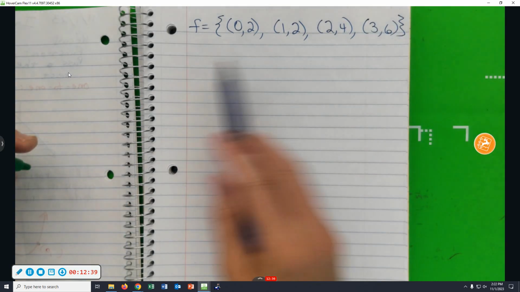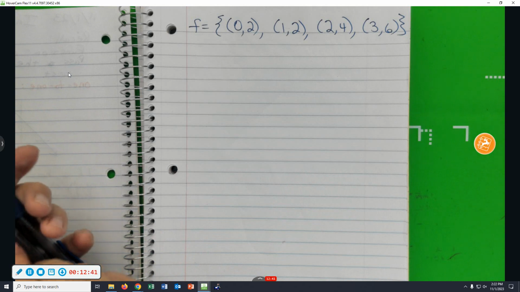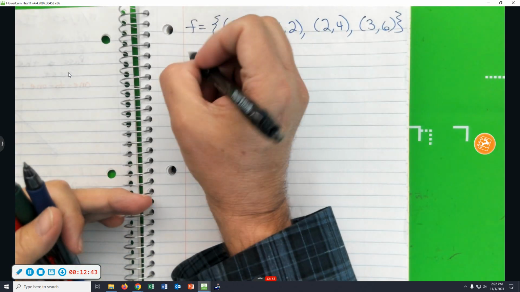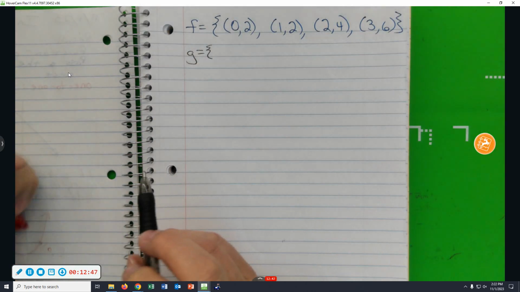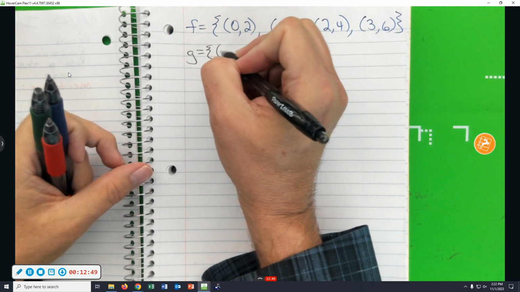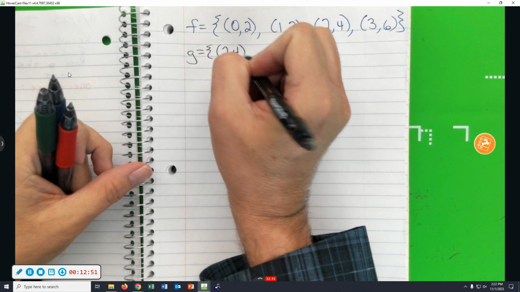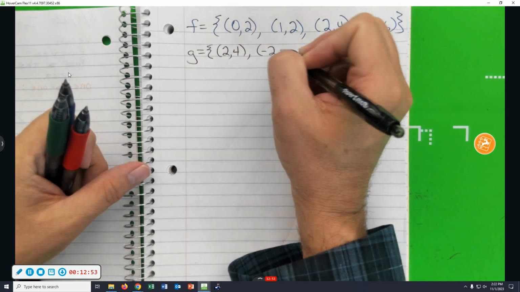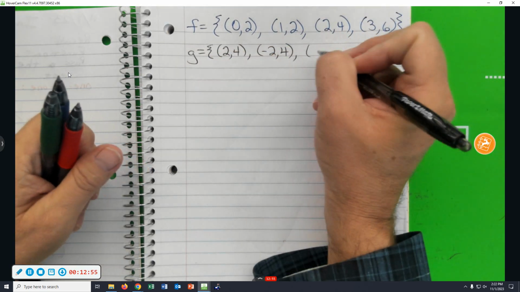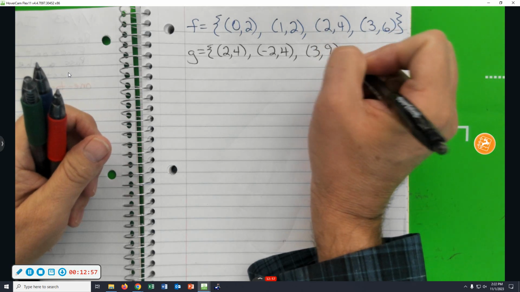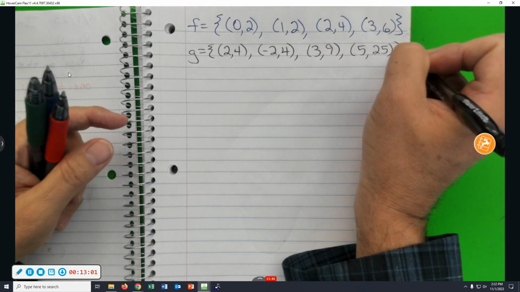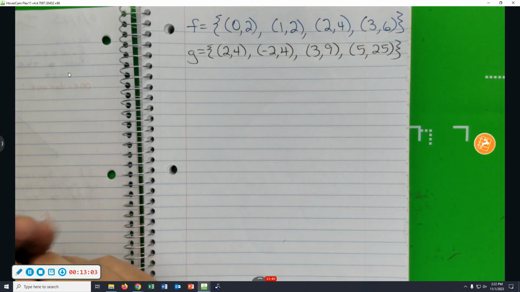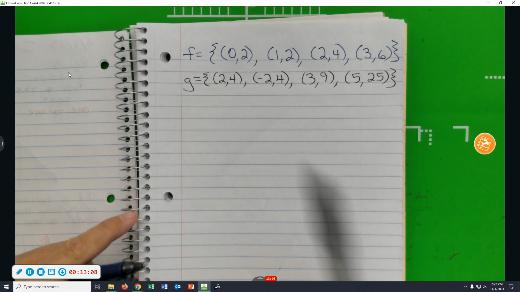There's a function f, and I'm going to skip a line. Here's my function g. I think you'll agree these are all functions. Let's see, I'll say 2 goes to 4, negative 2 goes to 4, 3 goes to 9, and 5 goes to 25.